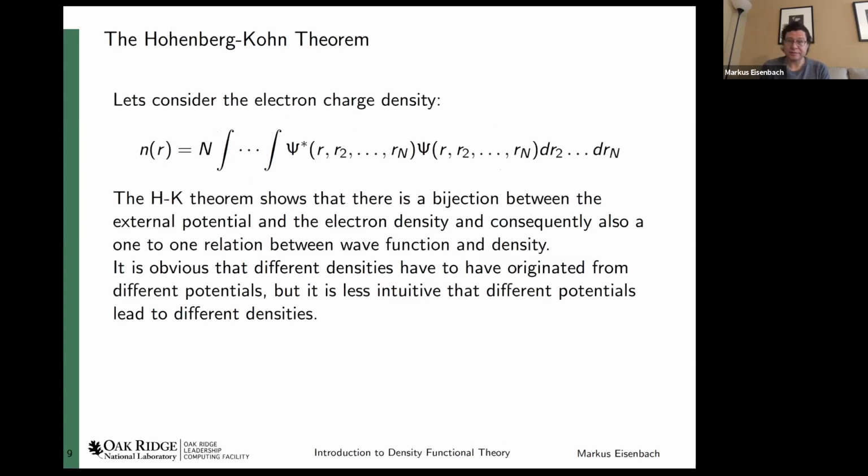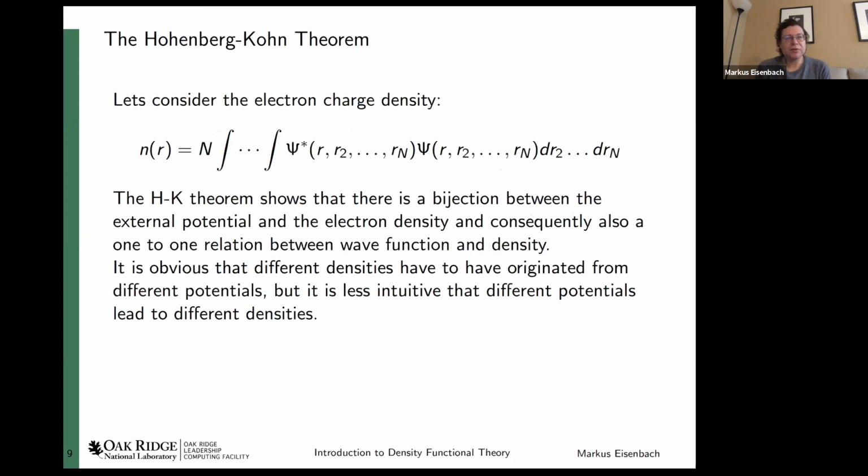So let's consider the electron density, which is actually just the charge density distribution within a system. You see, you actually get that by integrating out n-1 of the coordinates of the squared wave function.